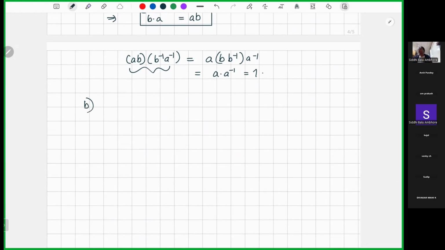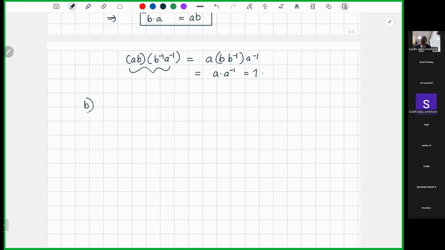Or can you give me some example or counterexample or any cases? This statement, that if A square is equal to 1 then G is finite, is not true. Because we can take this.